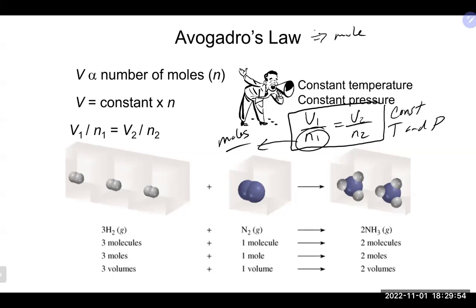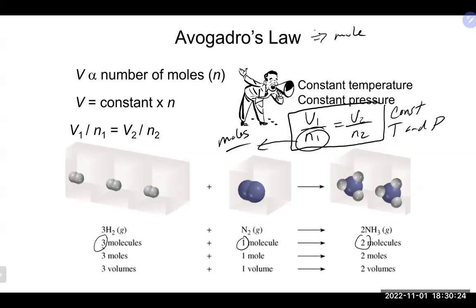If you are under constant temperature and pressure, it allows you to do stoichiometry using volumes of the gases, just like you would with moles of the gases. So it can shortcut some calculations, since you would not necessarily have to use a gas law in the stoichiometry problem. So for example, as we've seen before, we could say 3 molecules, 1 molecule, and 2 molecules.